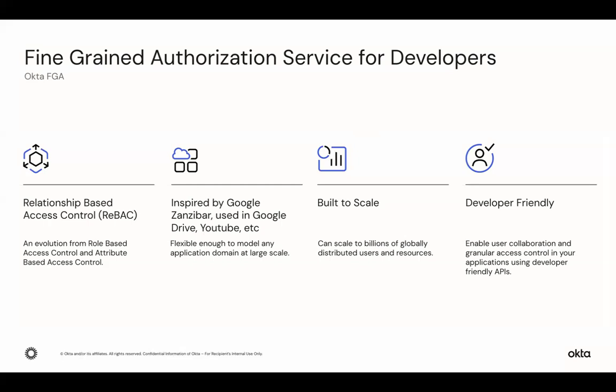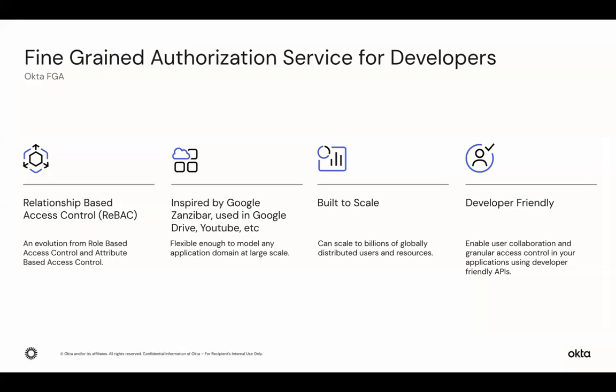We took the open source product, we hosted it in our cloud, and we made it available for our customers. The same model, actually, Google used for Google Drive and YouTube. So if you are using Google Drive or YouTube to change permissions on videos or folders, you're basically using OpenFGA. All right, so that's a quick summary for the FGA.